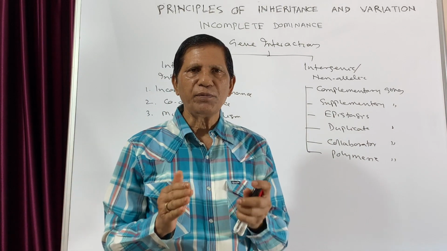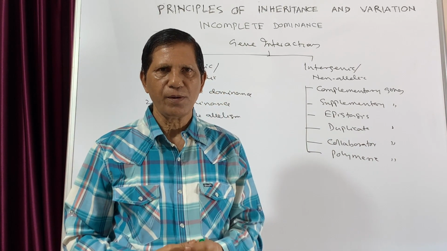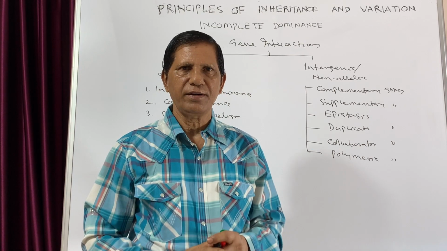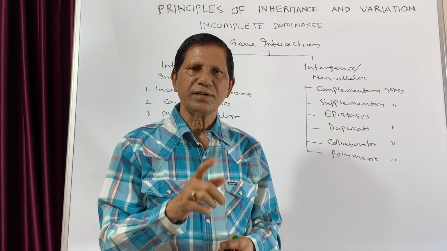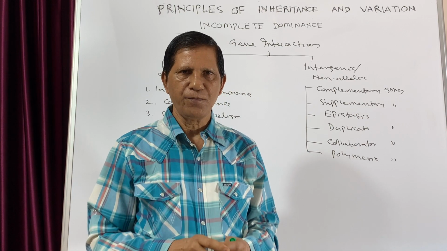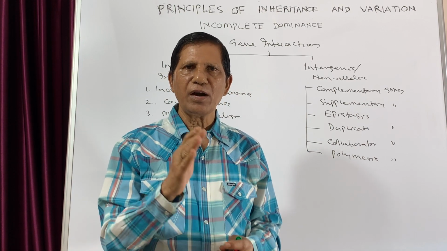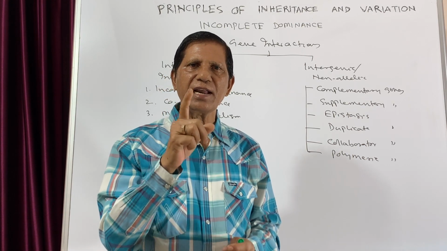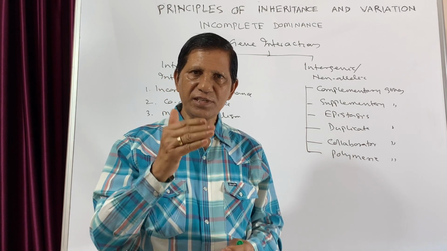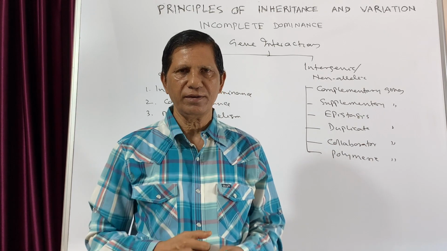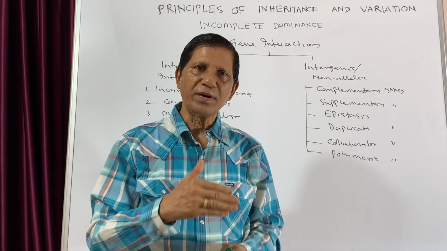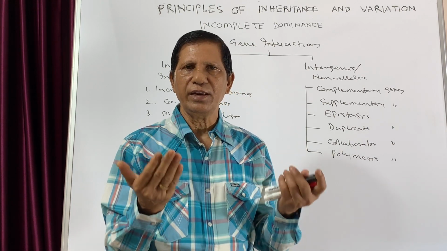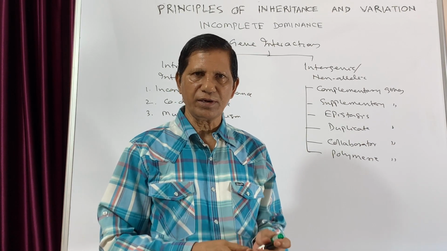So what is the meaning of incomplete dominance? As all of us are aware, when Mendel conducted the monohybrid crosses, having one dominant and one recessive character, in the F1 hybrid only a single character appeared, and the character which appeared is known as the dominant character. And this dominant character was expressed whether it is in homozygous or in heterozygous condition.